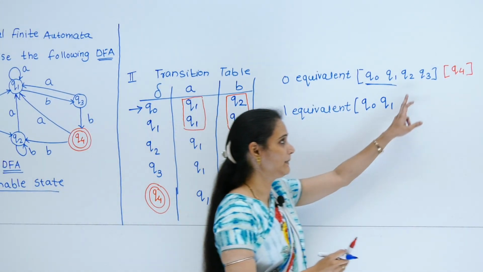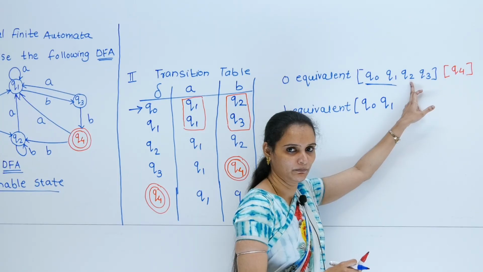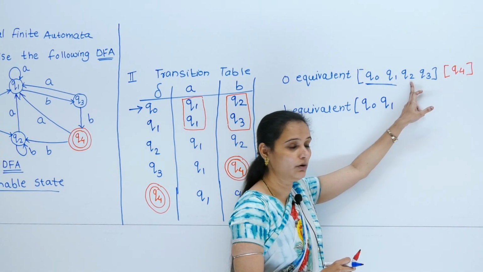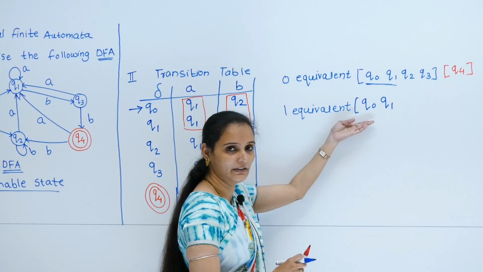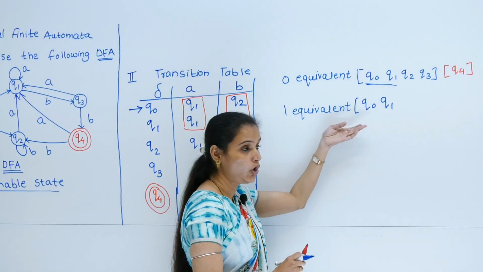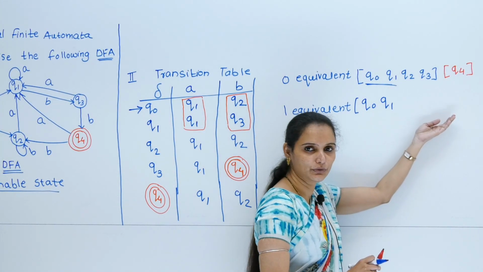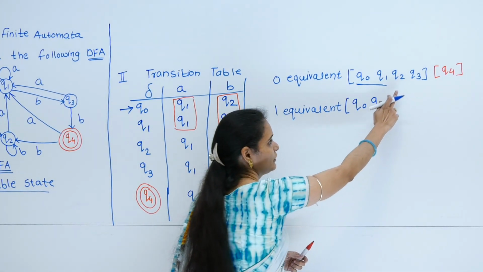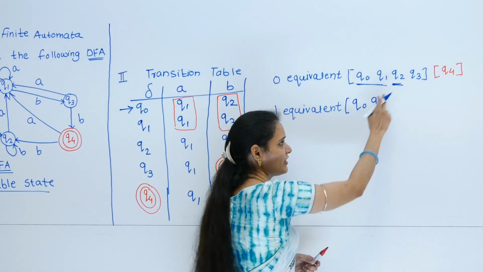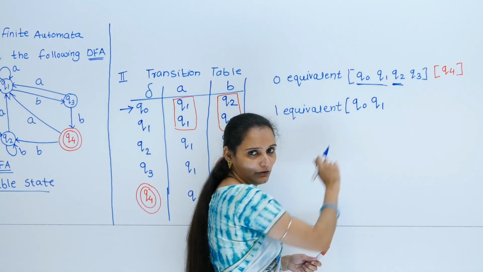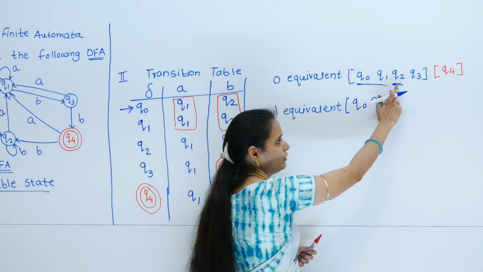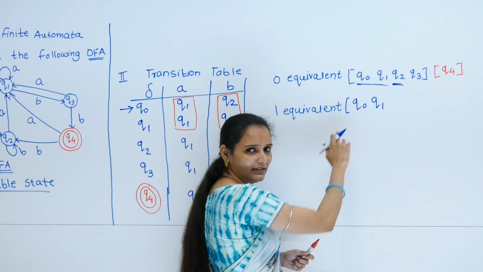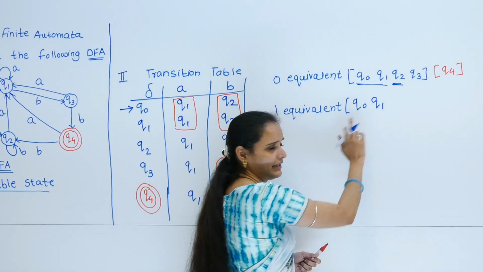Then which is my next state? Q2. So what are we going to find now? Whether Q2 is present with Q0 and Q1, or whether Q2 will make its own group. Okay, so we can check Q2 with any of those states. If Q2 is equivalent with Q0, then ultimately it is equivalent with Q1.